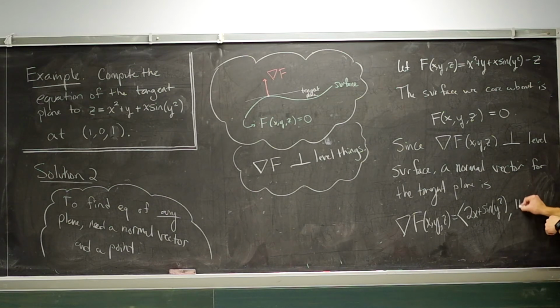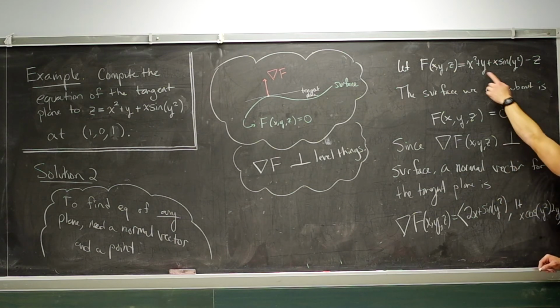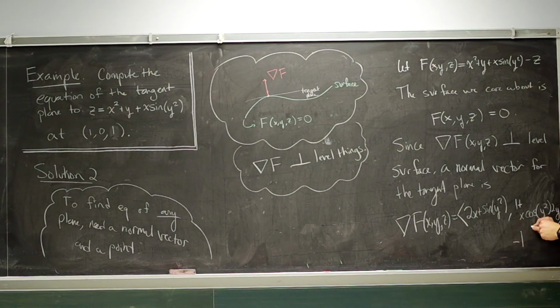It'll be 1 plus x cosine of y squared times 2y. And my vector is going to look a little awkward because I'm running out of room, but we have a third component, which is the z derivative. The z derivative of this expression is -1.